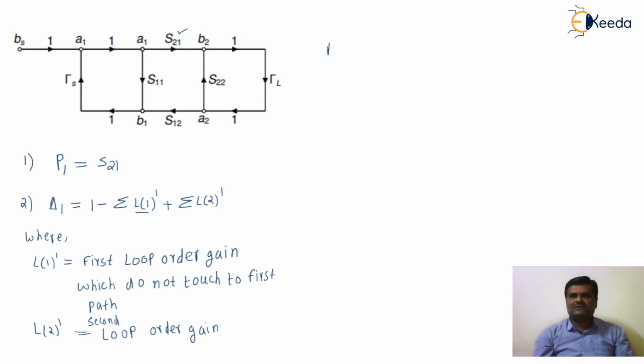From the figure, we calculate L11. So here, this is loop order 1. This is the first loop, this is the second loop. All these loops touch the forward path.